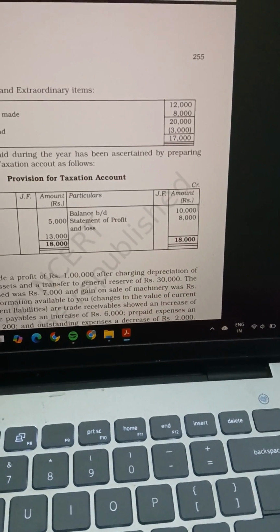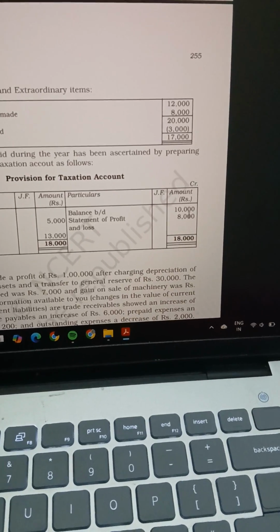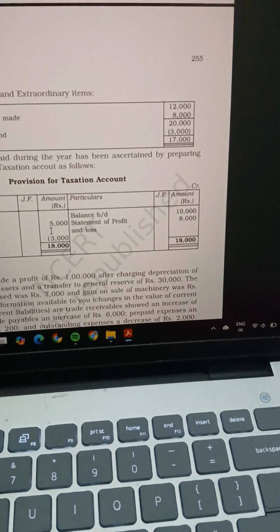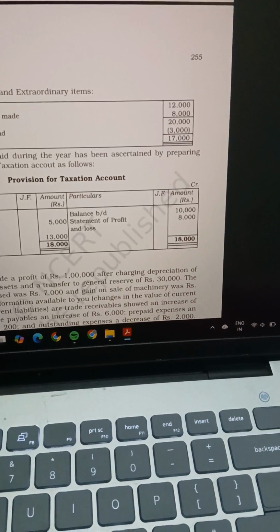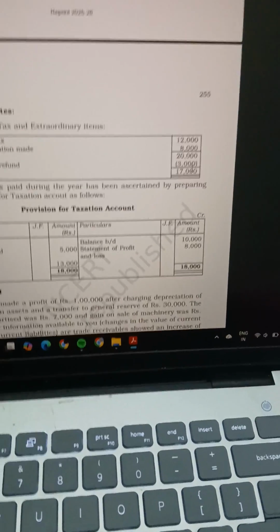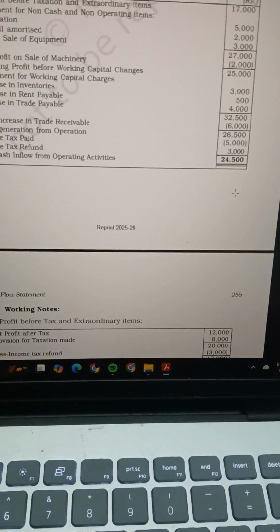So by adding, the credit side is greater, 18,000. So 18,000 minus 13,000 is 5,000. That will be the income tax paid during the year. So all the calculations are made. Then we can move on to preparing the cash flows from operating activities.